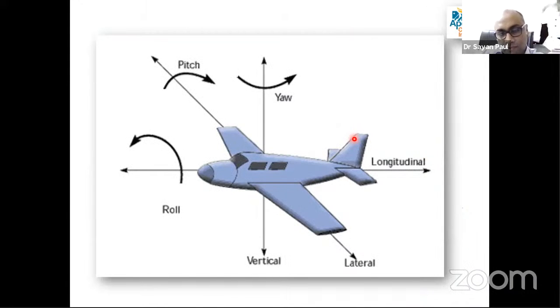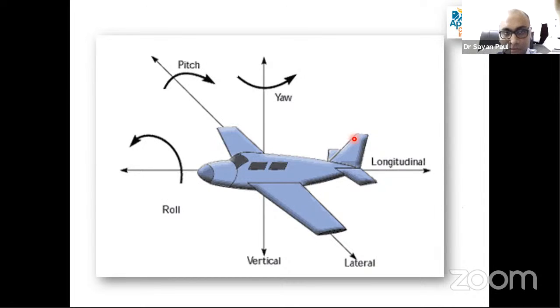So before going to the details, let us see what are the movements or shifts the isocenter or the target can have during treatment. So there are 3 translational errors and 3 rotational errors. Translational errors are either longitudinal, that is craniocaudal, lateral, that is mediolateral, or vertical, X, Y, and Z axis.